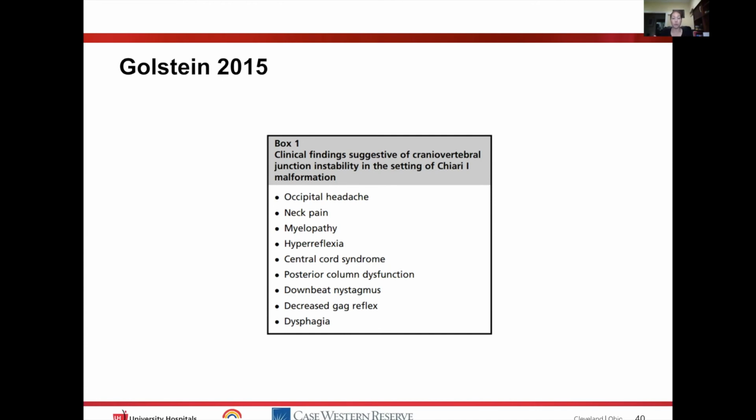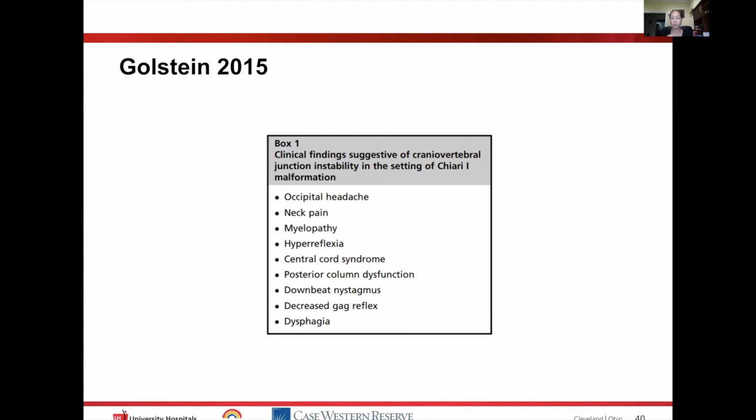Well, when we think about it, there's kind of this slew of symptoms that should cue you into the possibility that after Chiari decompression, any of these new symptoms could mean that somebody has developed basically occipital-cervical instability.